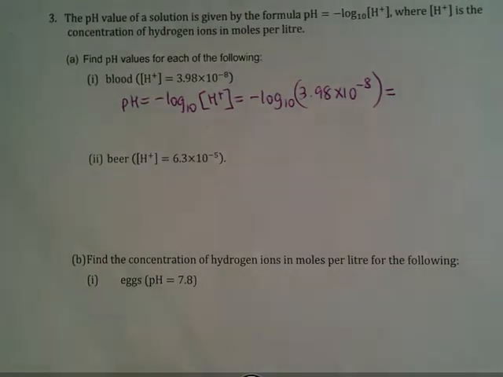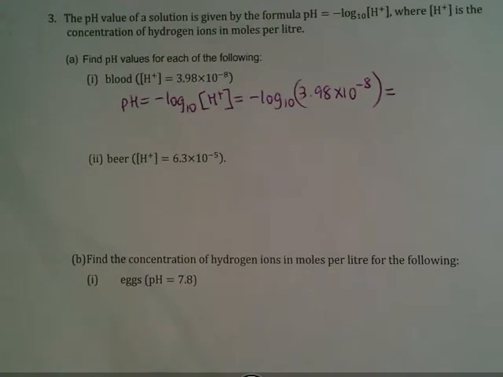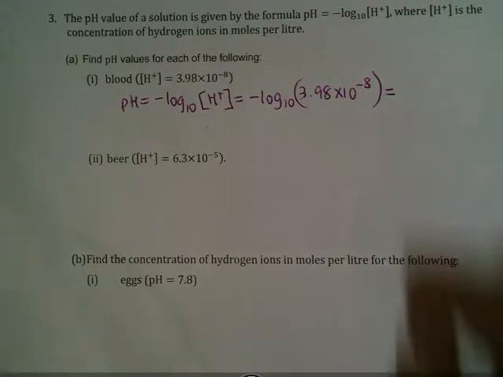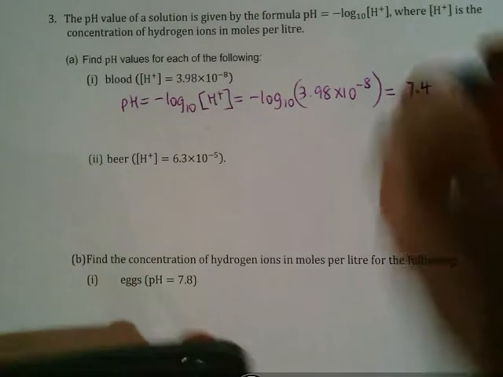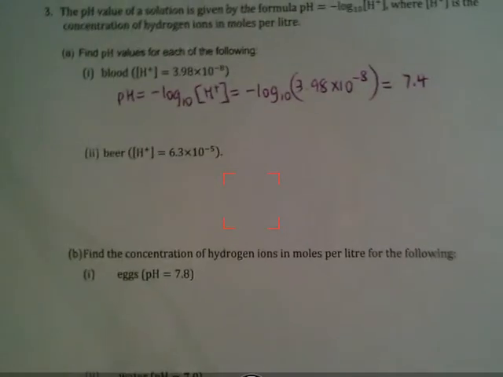You can just enter that as negative log on your calculator of 3.98 times 10 to the negative 8, and you get a pH of 7.4. Slightly basic, for those that remember their junior chemistry or are studying chemistry.